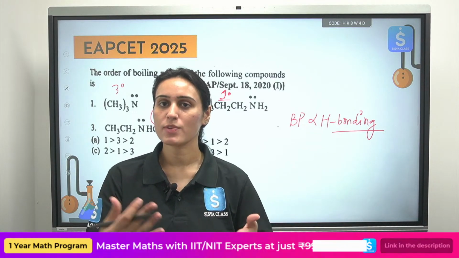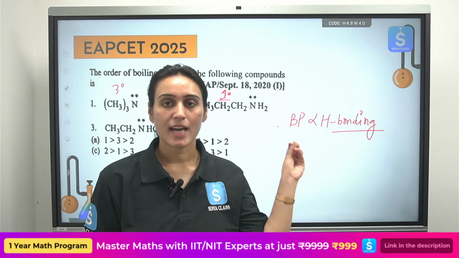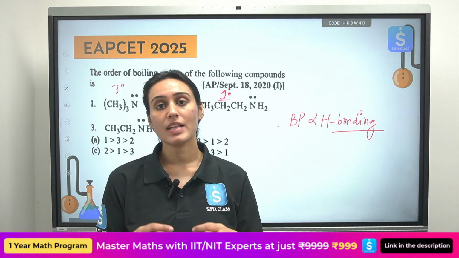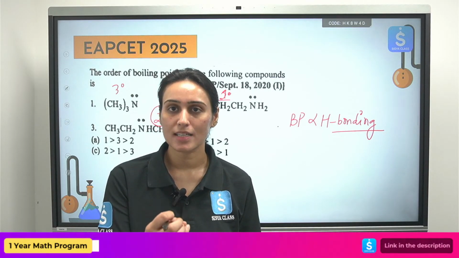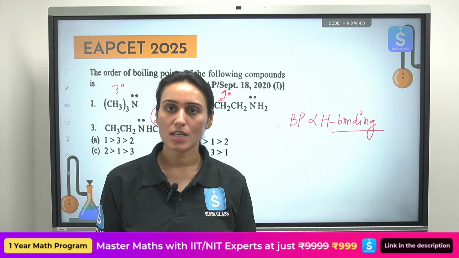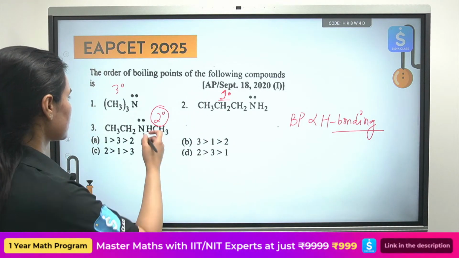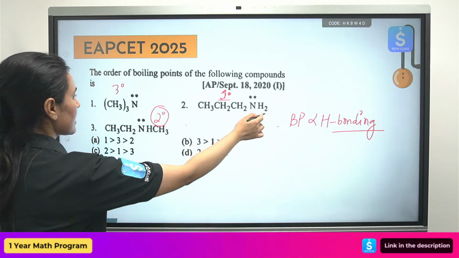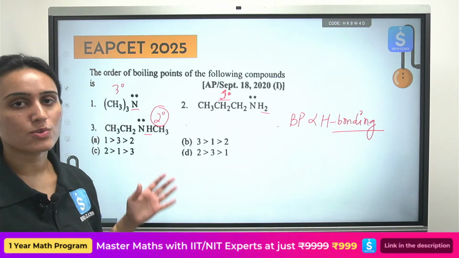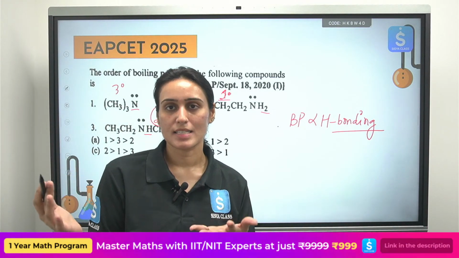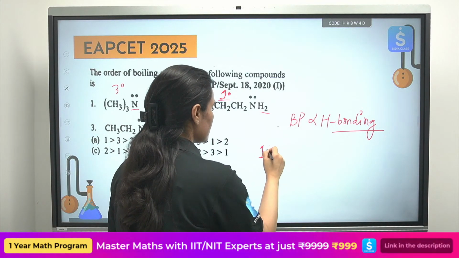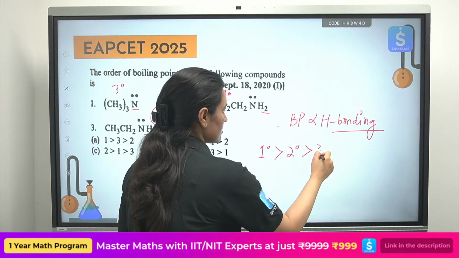So your boiling point will obviously increase. Primary amine will have the greater extent of hydrogen bonding, then secondary amine, then tertiary amine, because you have a greater number of hydrogens available here, and in this scenario you don't have any hydrogens. You can't see hydrogen bonding obviously. So primary, secondary, then tertiary.